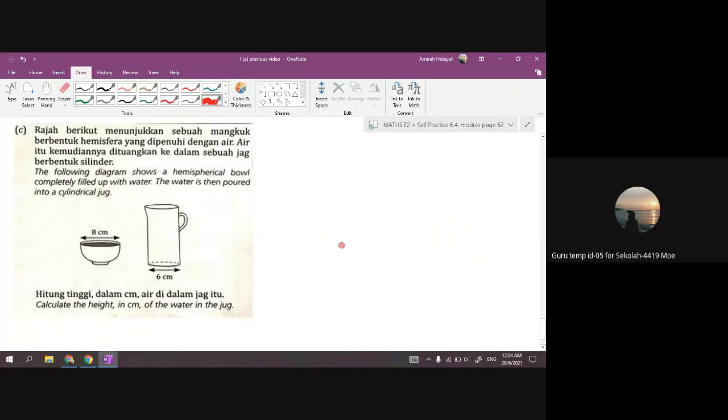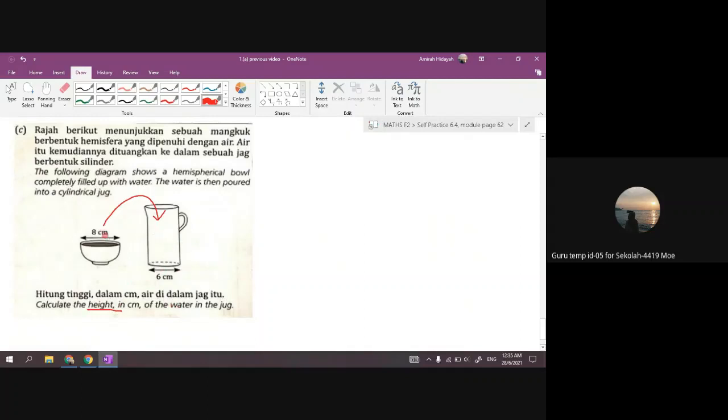Okay, so dia cakap, okay, the following diagram shows a hemispherical, okay, so ni hemispherical kan, bowl, okay, completely filled up with water. So the water is then poured into a cylinder jar. So water dalam hemispherical bowl ni dituang ke dalam cylindrical jug ni lah. So calculate the height in centimeter of the water in the jar.